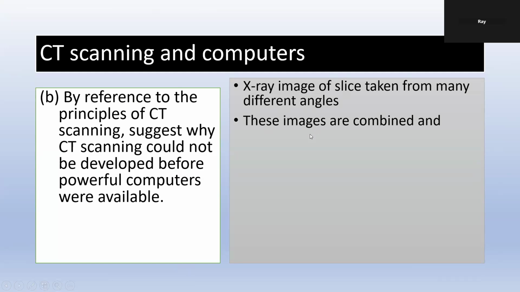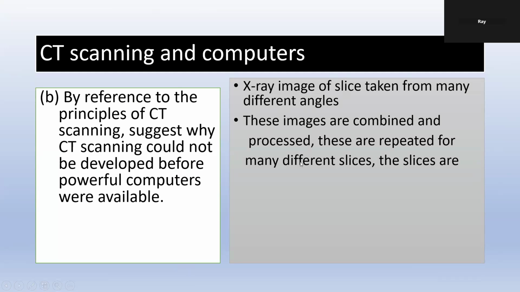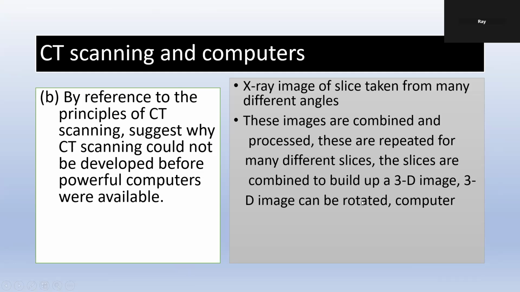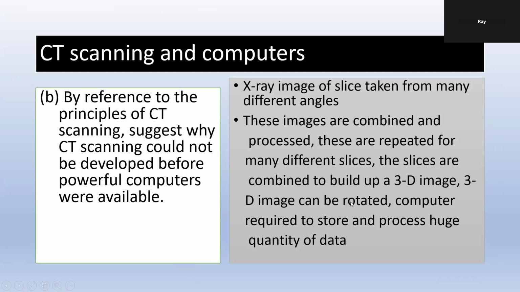These images are combined and processed. This is repeated for different slices. The slices are combined to build a 3D image. The 3D image can be rotated. A computer is required to store and process a huge quantity of data. So you need a computer program.